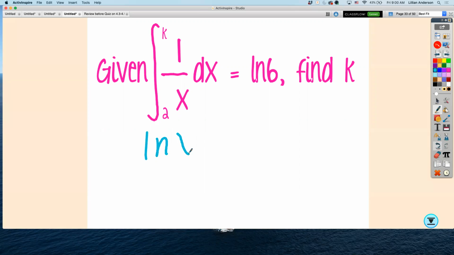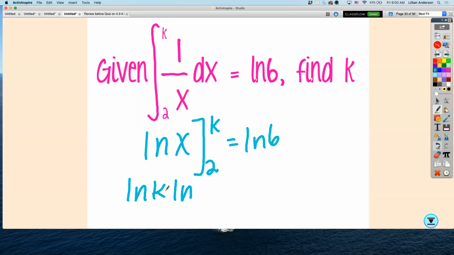Antiderivative of 1 over x is ln of x. Evaluate it. Should equal the ln of 6. Yes, the ln of k minus the ln of 2 becomes that fraction.